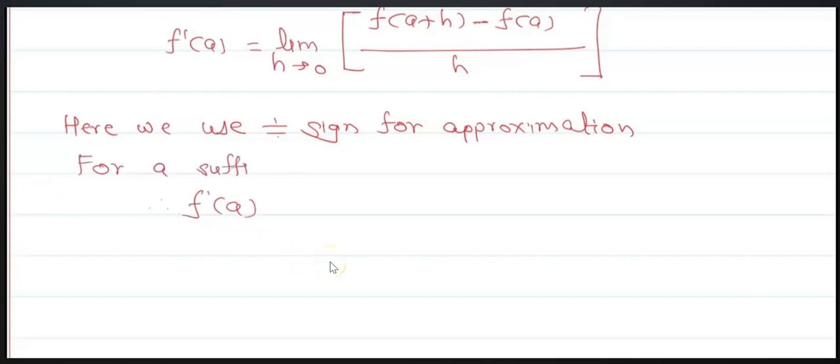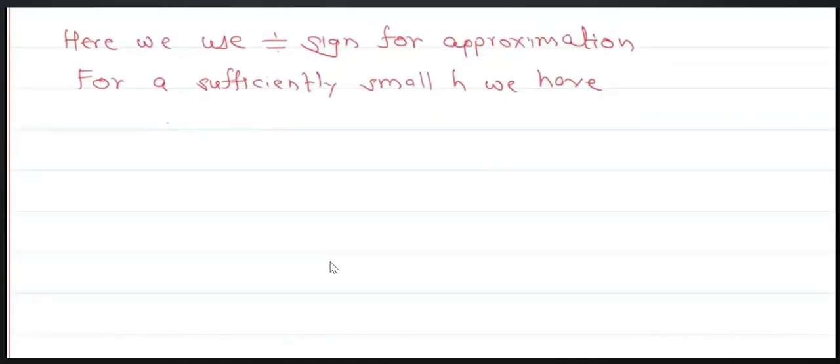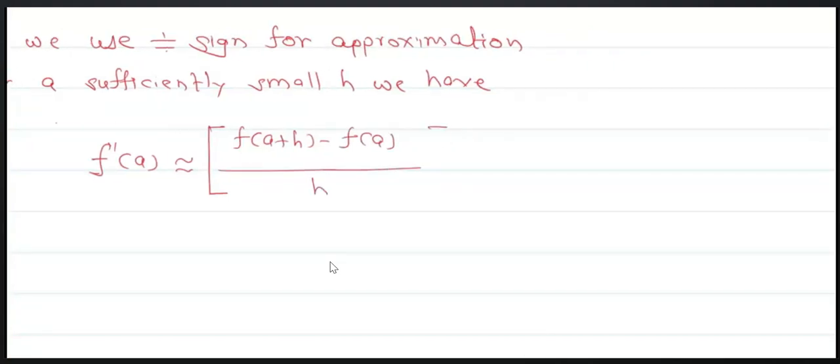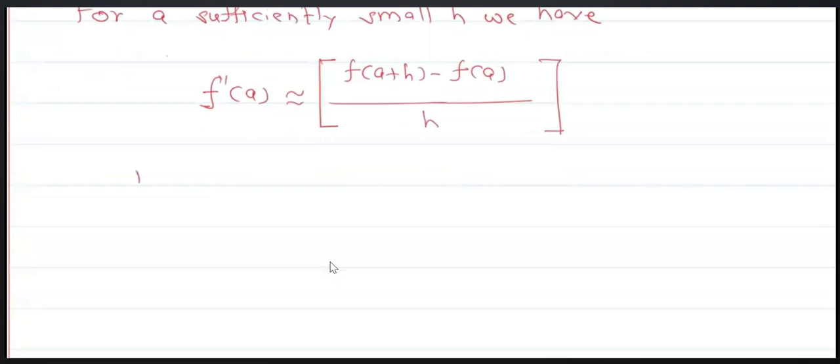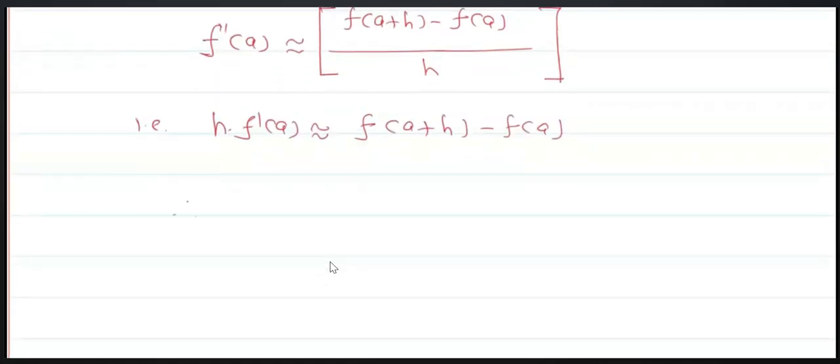For sufficiently small h, we have f dash of a is approximately equal to f of a plus h minus f of a upon h, that is h into f dash of a is approximately equal to f of a plus h minus f of a.